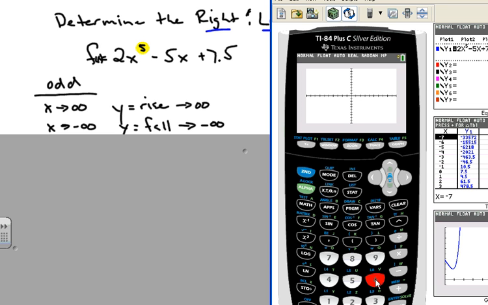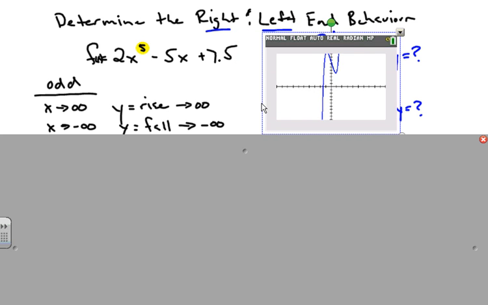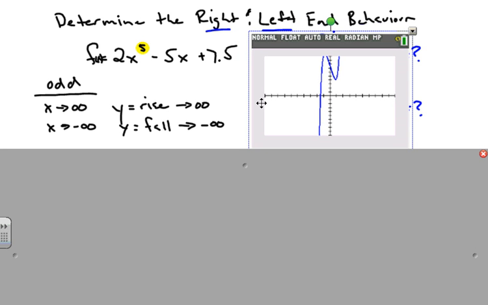As we can see, the graph looks just as I stated before. As we plug in values going to negative infinity, you notice that the y values are going down. The y values are falling.